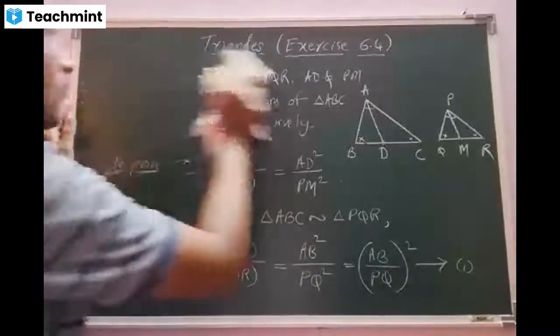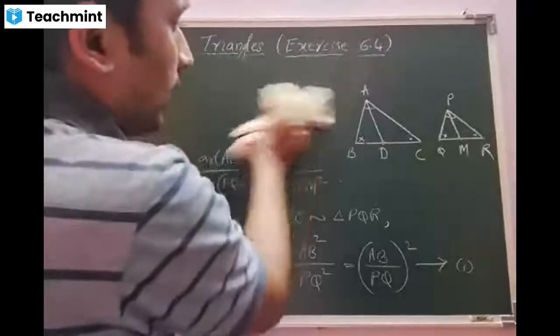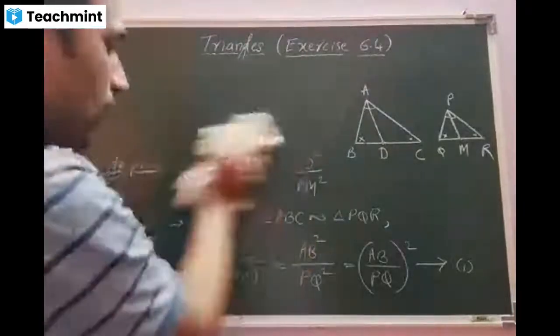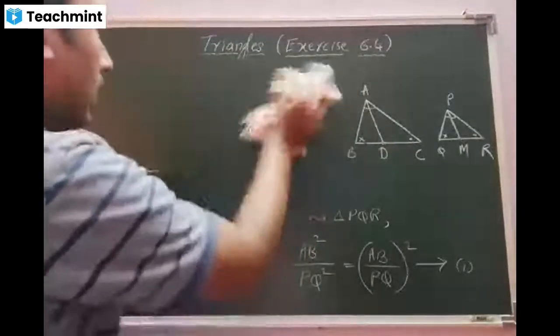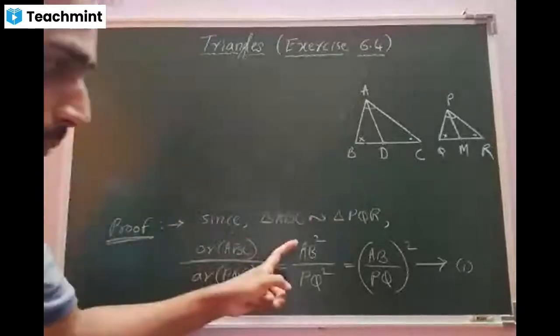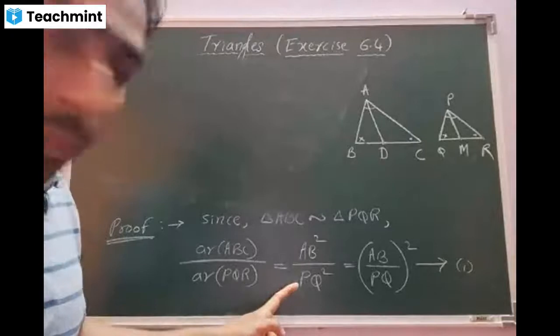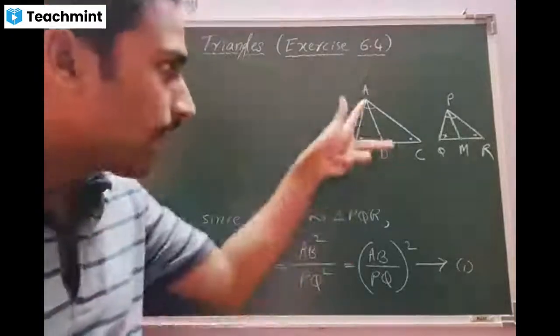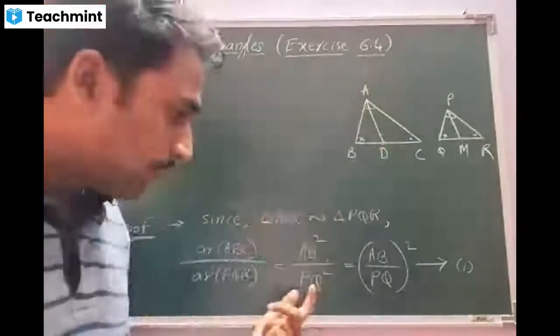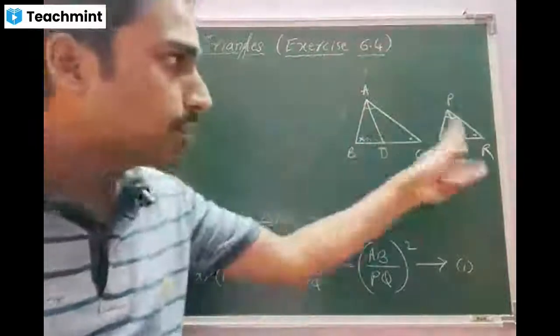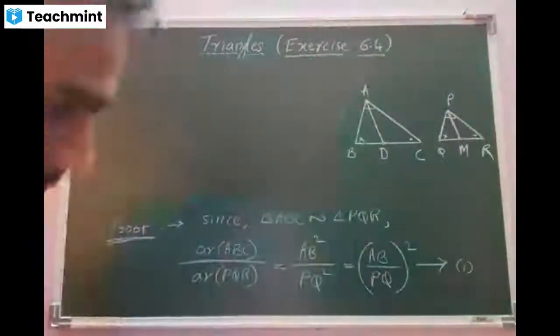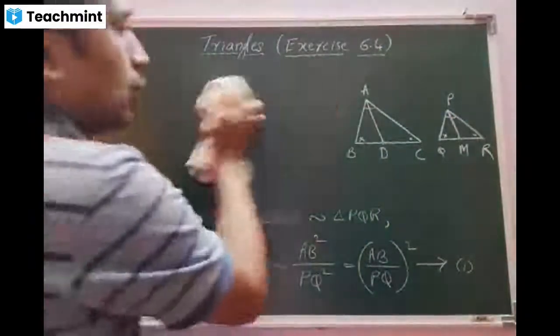Done. Now, beta, look at the challenge. What are we having in this particular question? We got AB square by PQ square, but our intention is not AB and PQ. In the place of AB, I want AD square, and in the place of PQ square, I want PM square.